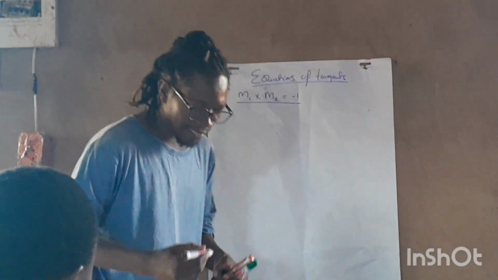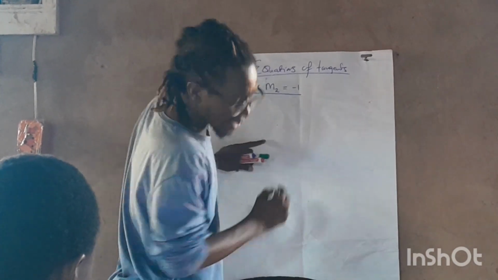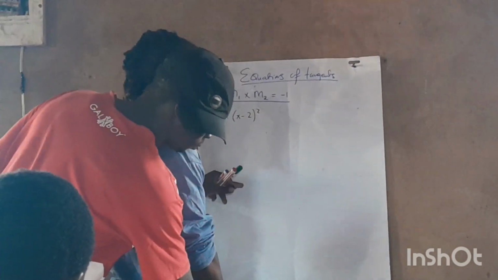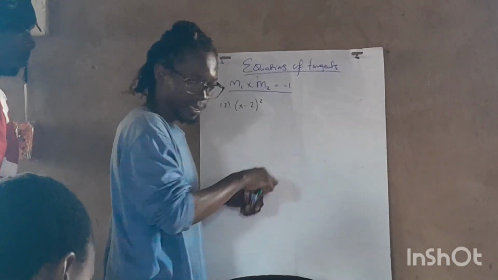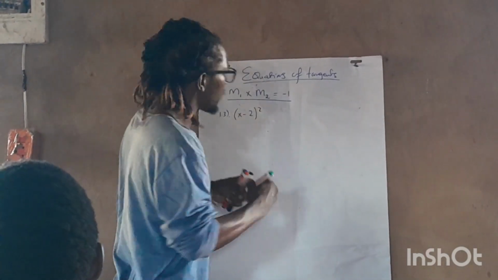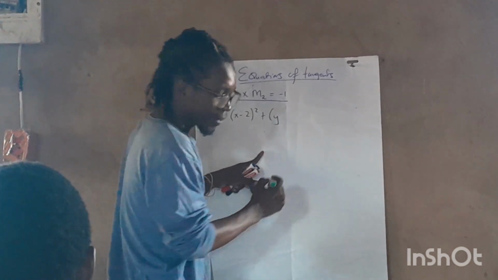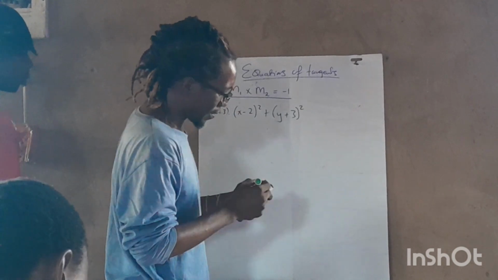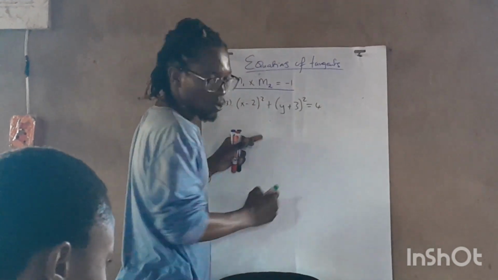this circle that they gave us. This circle is saying (x minus 2) squared plus (y plus 3) squared is equal to 4, right?